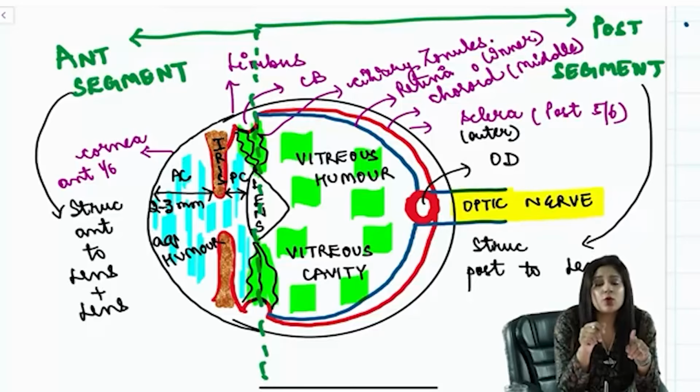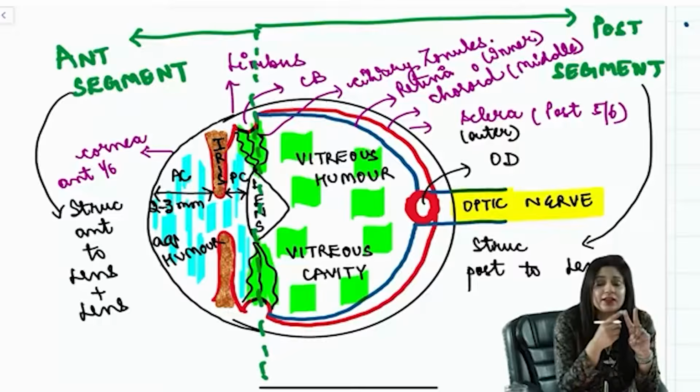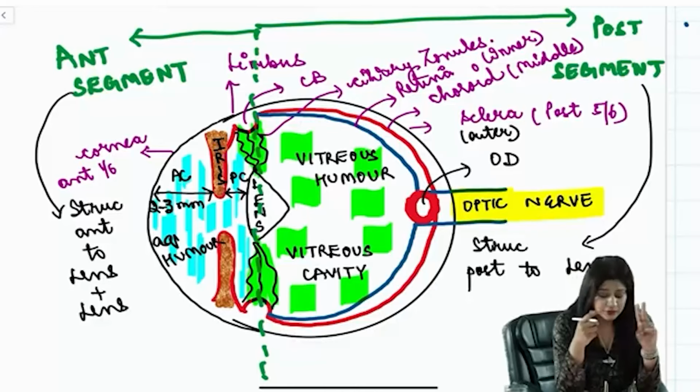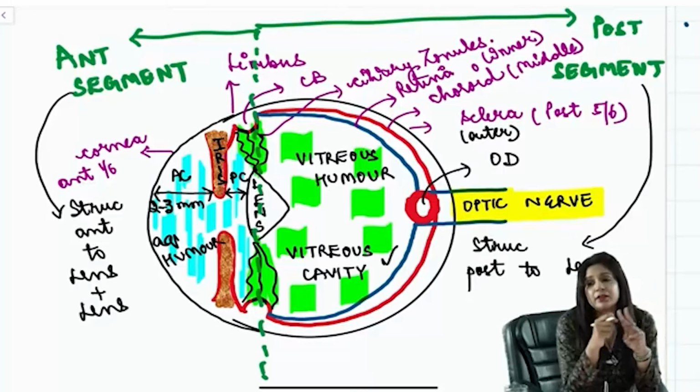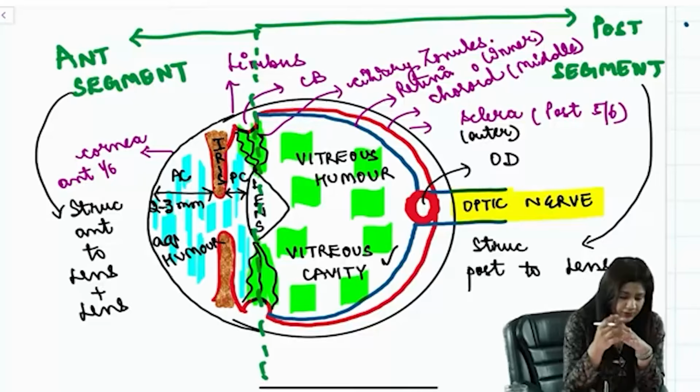Because the whole of the anterior segment contains the aqueous humor and the 2 chambers are part of the anterior segment only, both the chambers will have aqueous humor. Anterior chamber and posterior chamber have the aqueous humor, while the posterior segment, or we can call it the vitreous cavity, contains the vitreous humor. Is that okay, guys? Yes? Yes.